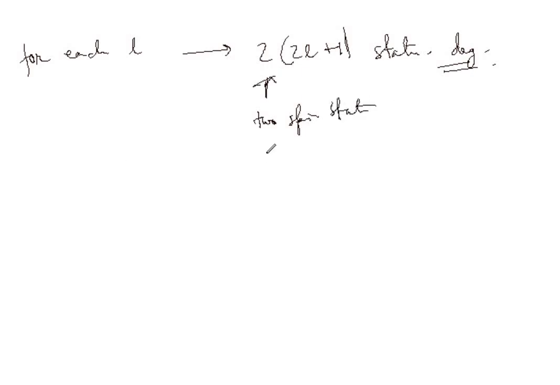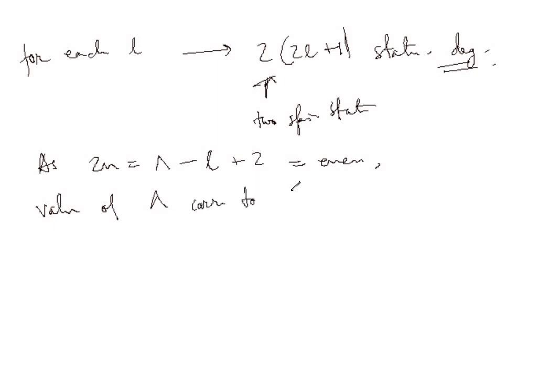However, the eigenvalues that correspond to the same value of 2n plus l are also degenerate. Now as 2n is equal to lambda minus l plus 2, which is even, a given value of lambda corresponds to degenerate eigenstates.